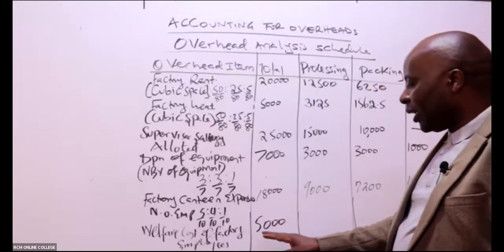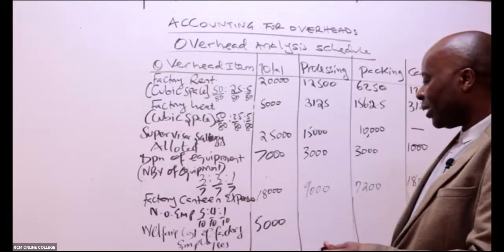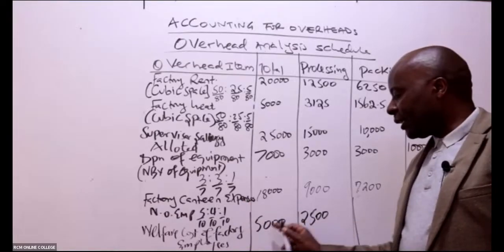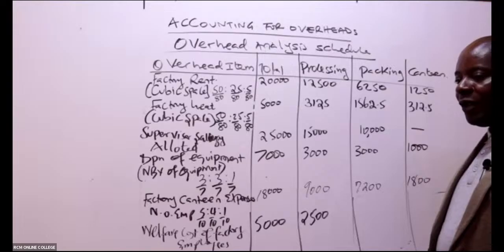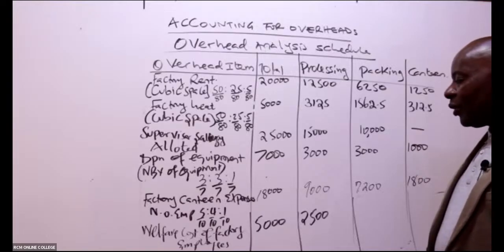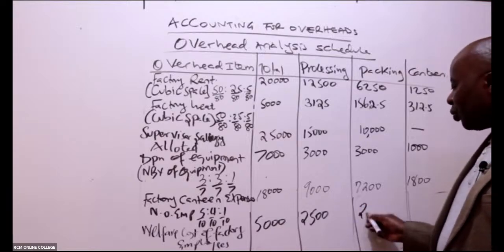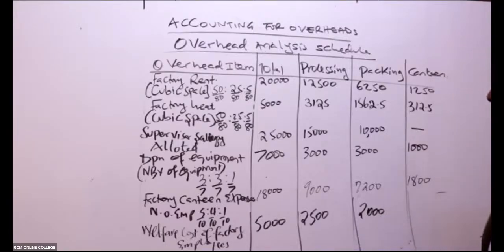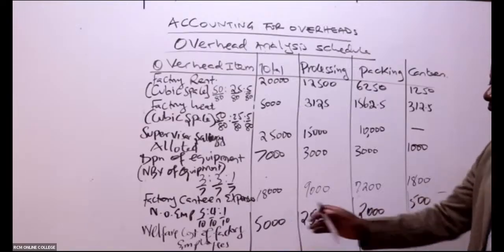So you can simply do the apportionment. 5,000 times 5 over 10 gives me 2,500. 4 over 10 times 5,000 gives 2,000. Then 1 over 10 times 5,000 gives 500. If you add the three numbers, you get 5,000.